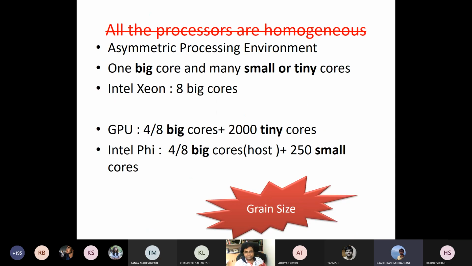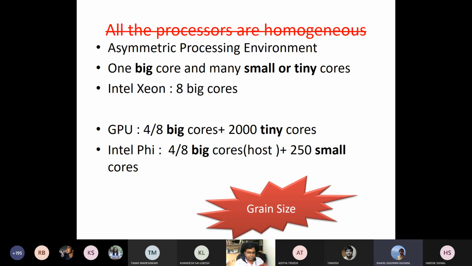Another assumption is that all processors are homogeneous. In an asymmetric processing environment, suppose there is one big core and many small, tiny cores.